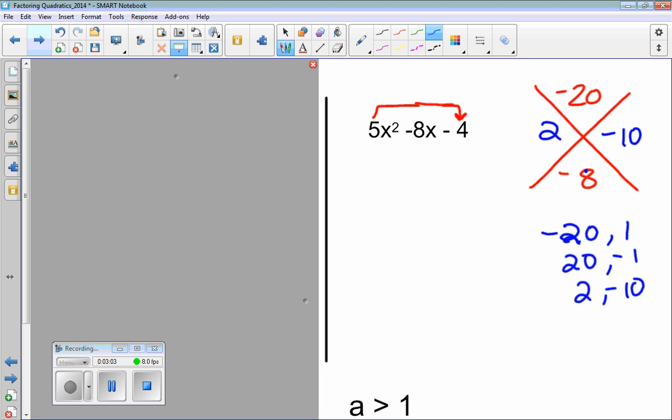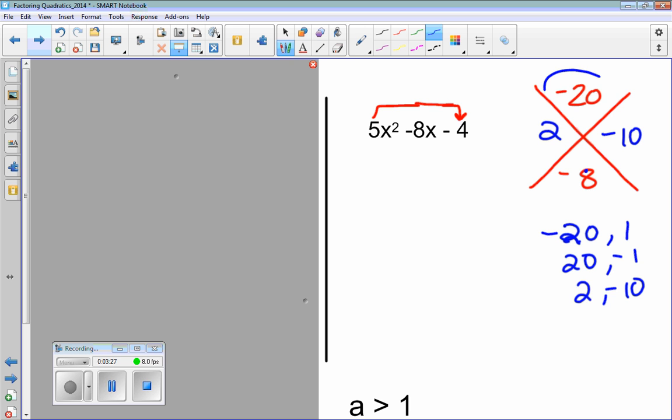The 20 came from what I multiplied. 5 times -4. You multiply. Your 8x stays the same because you're rewriting that term. Then the only extra step that we had to do here was we had to multiply the first term times the last term.